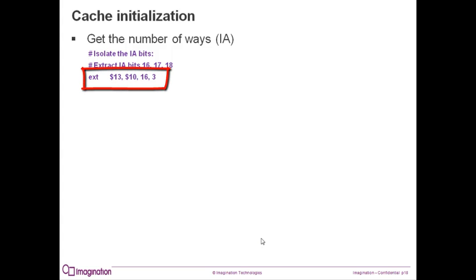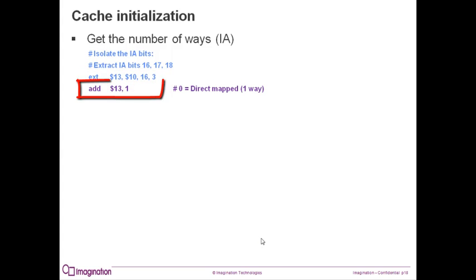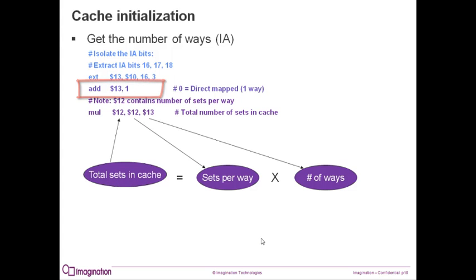The number of ways is extracted from the config1 register value using the extract instruction. The code then adds 1 to the value to get the actual number of ways. Now the number of sets per way are multiplied by the number of ways to get the total number of sets in the cache. This will become the number of loops to be performed to initialize the cache.